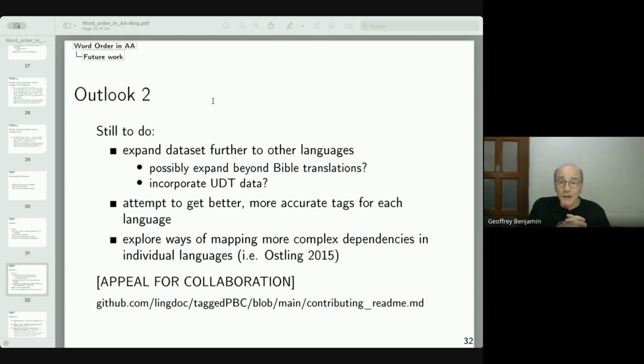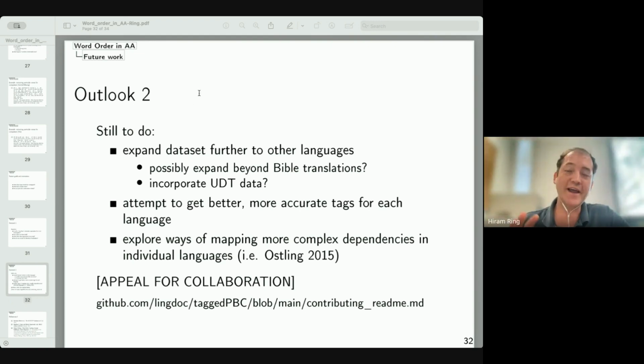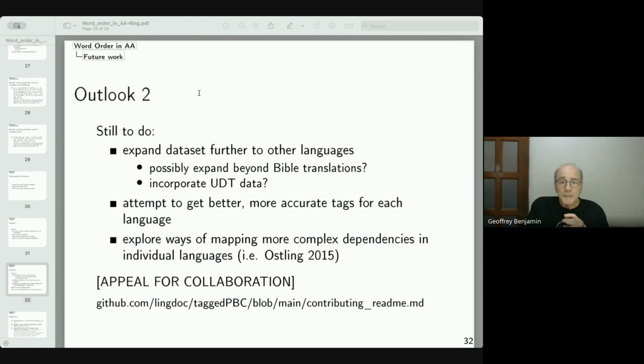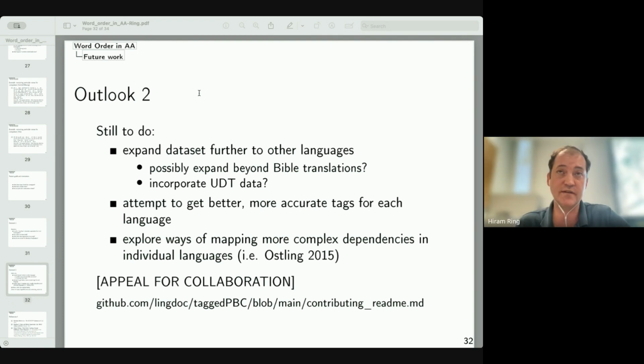So again, I'm not a specialist in most of these languages. It's hard to be a specialist in 2,000 languages, but most of these sources are from the International Bible Society. And from what I understand, most of them are translated from the Greek, so they would share a lot of similar constructions.